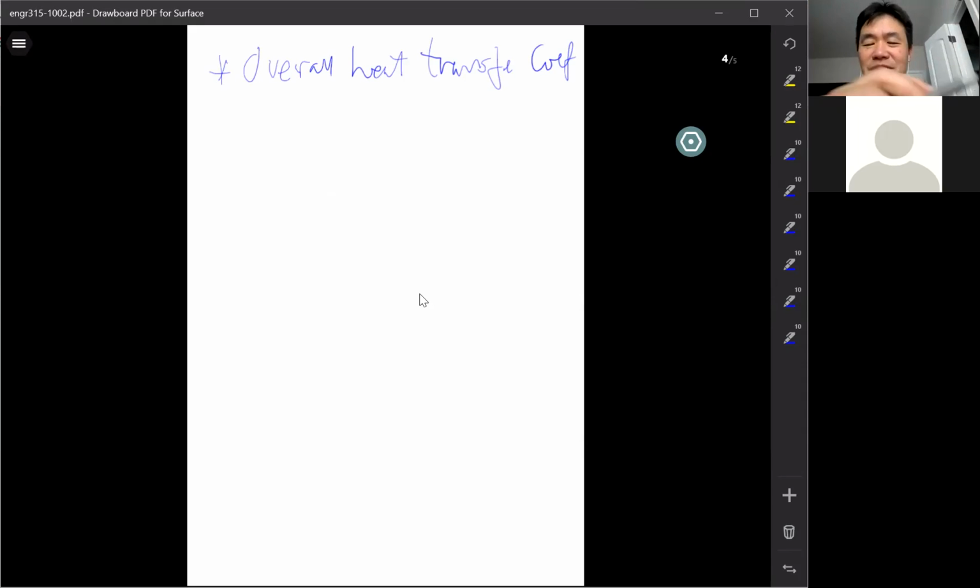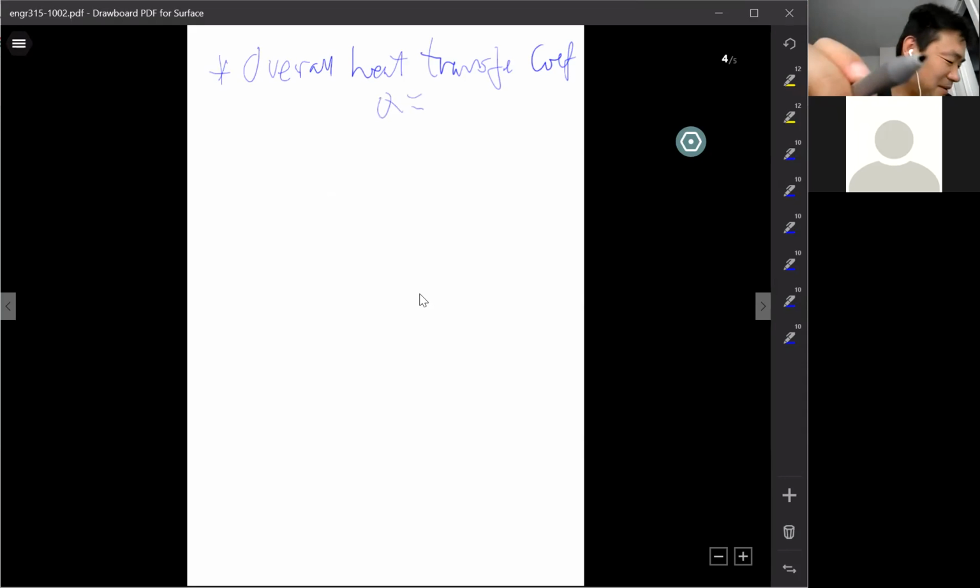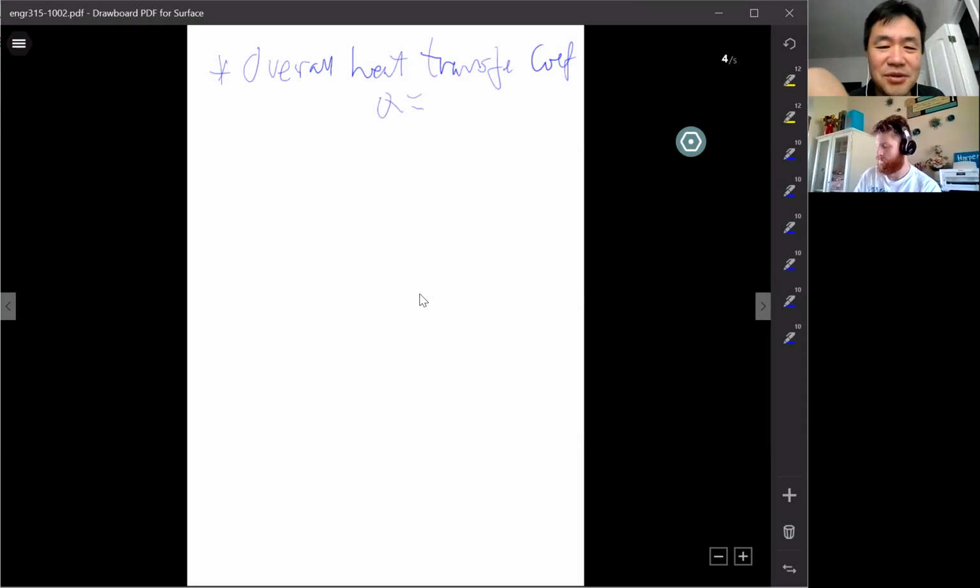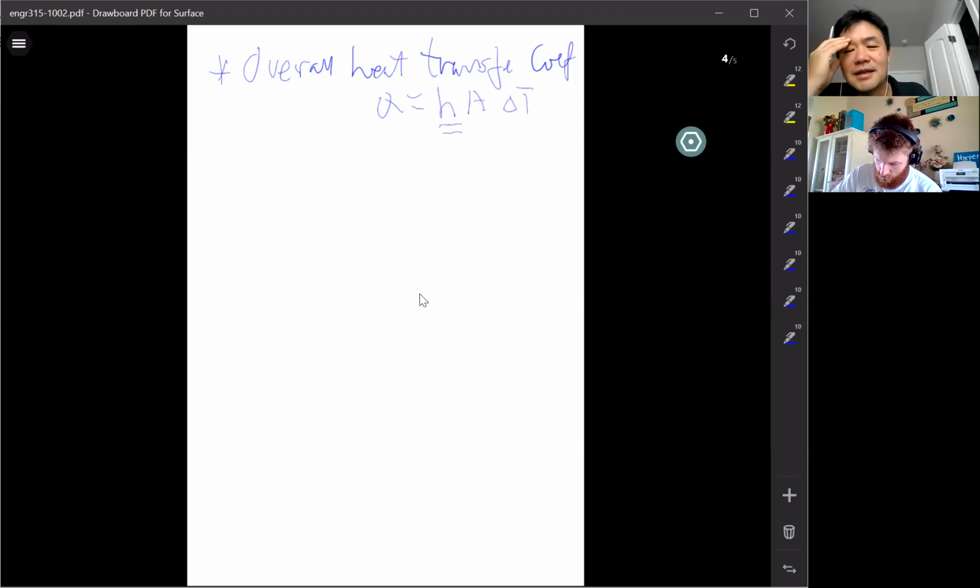It's in convection, right? So in convection, Q equals hA delta T. Sometimes I use lowercase q, sometimes a capital Q, it's okay, it's the heat transfer rate. Remember this is when we calculate the convection. We call this h the convection heat transfer coefficient.